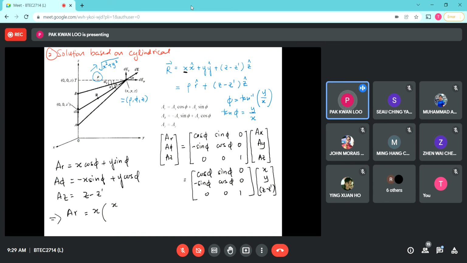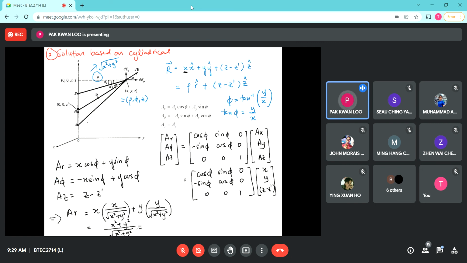It's x over square root of x squared plus y squared, so this is going to be x squared plus y squared divided by square root of x squared plus y squared.